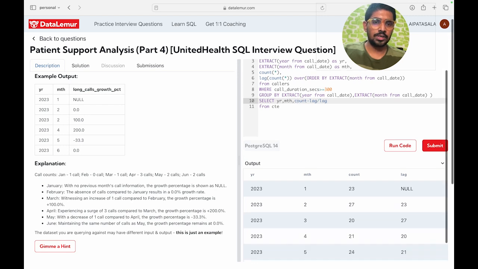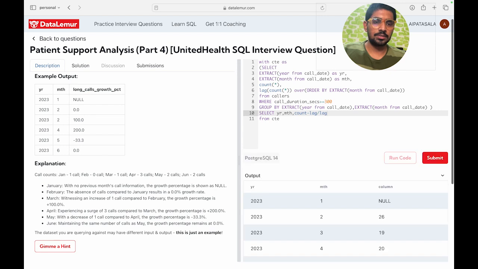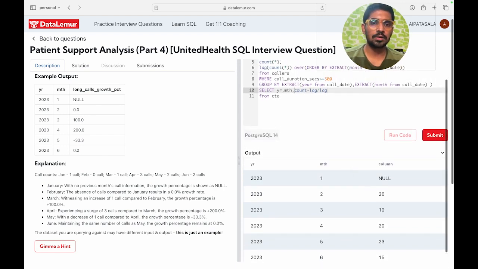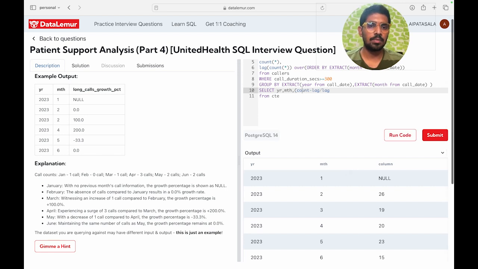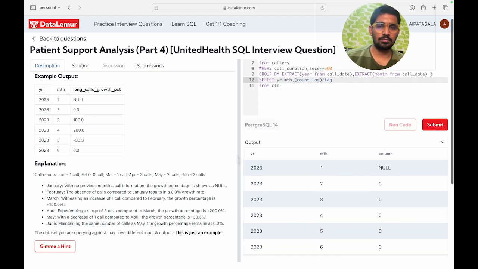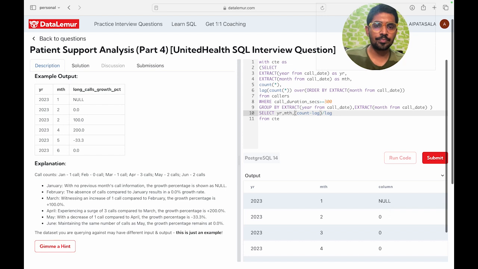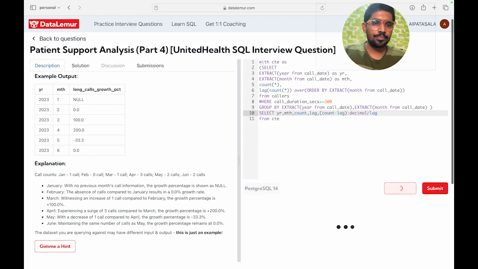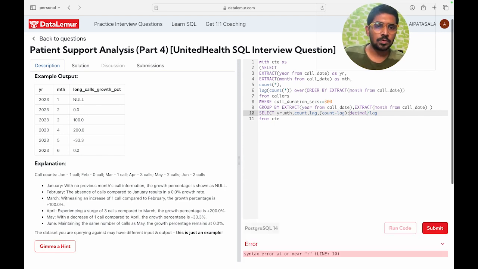So let us see this value first. Count minus lag. Okay, sorry, it should be in a bracket. Count, comma, lag.